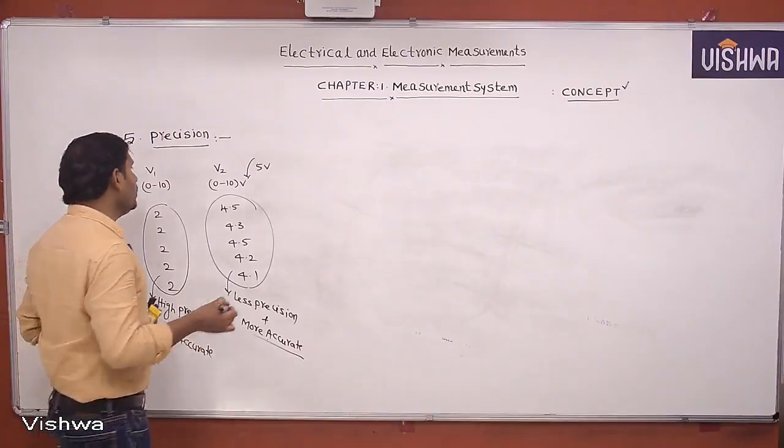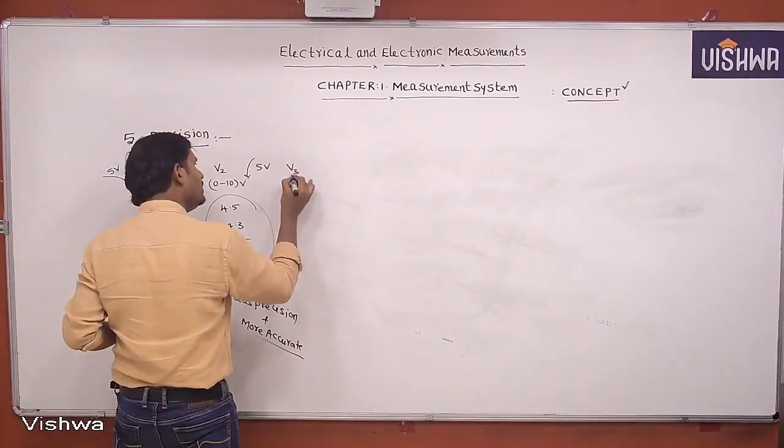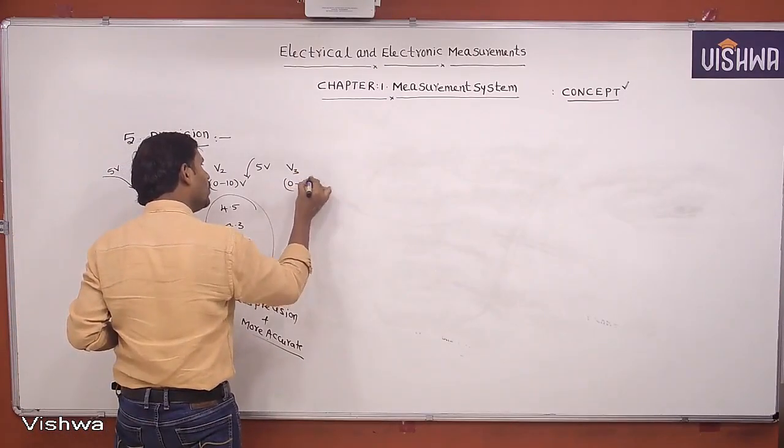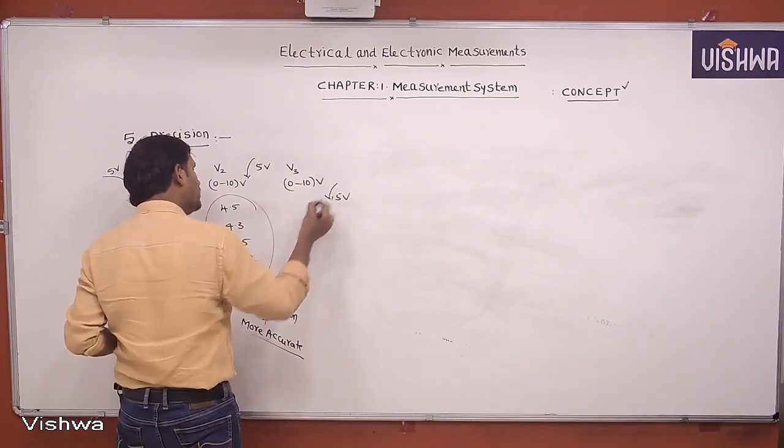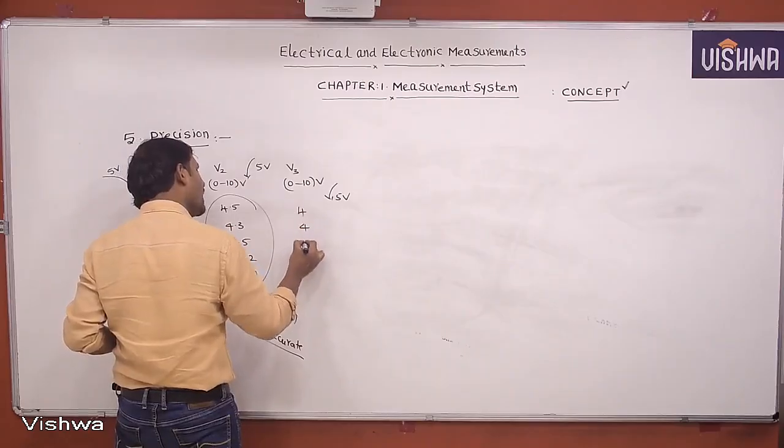For example, another voltmeter V3, you take a 0 to 10 volts voltmeter. I am giving 5 volts input 5 times, and every time I am getting the readings like this.